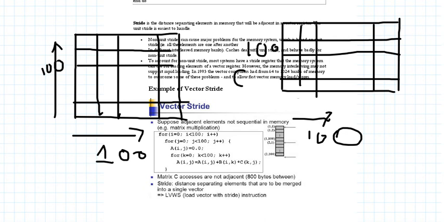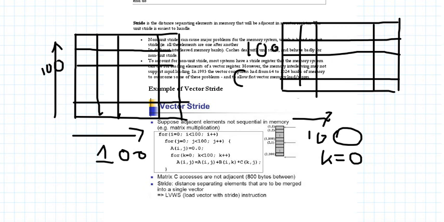So what actually happens here is that while k equals 0 and j equals 0, just look carefully into the matrix, which element you are going to access.